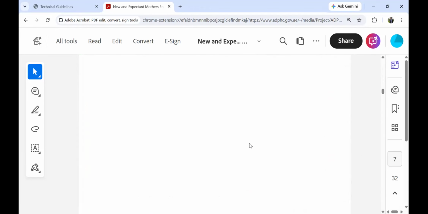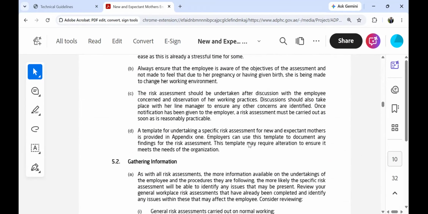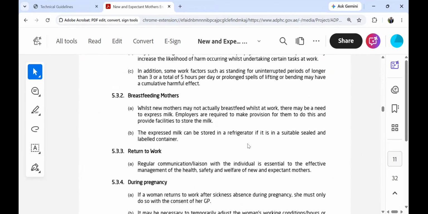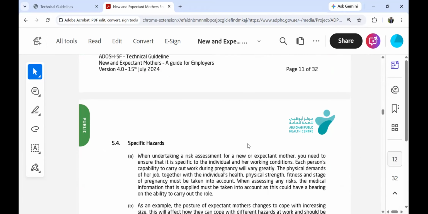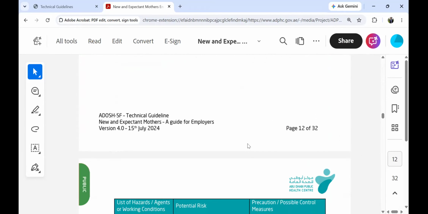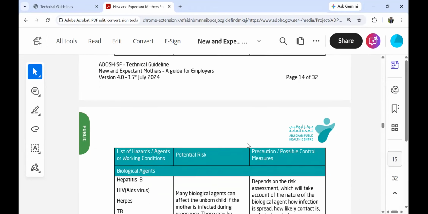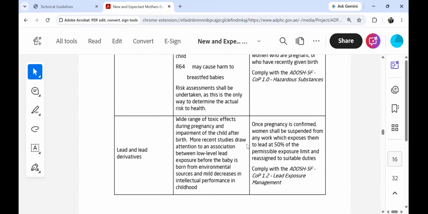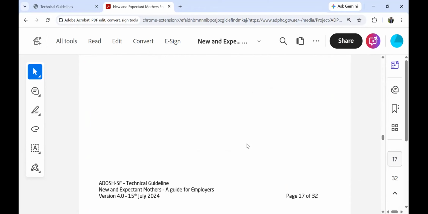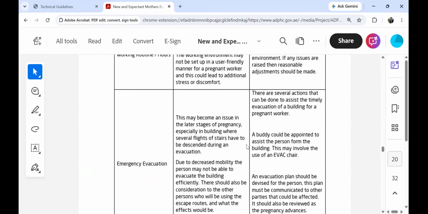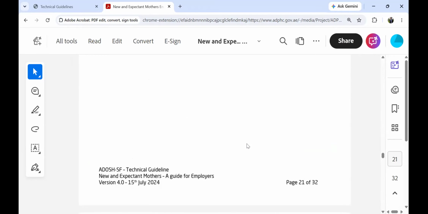For disabled people, we will have the buddy system. So in any organization, if we have such a situation, the employee will notify the HR or the safety team that she is pregnant.